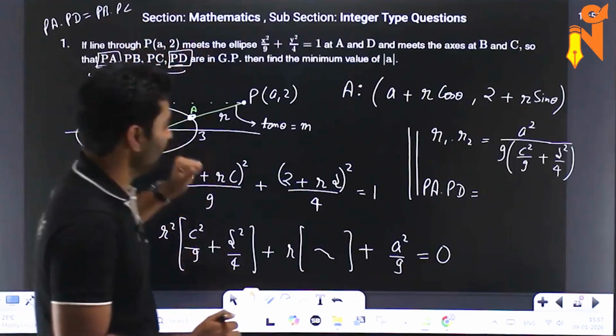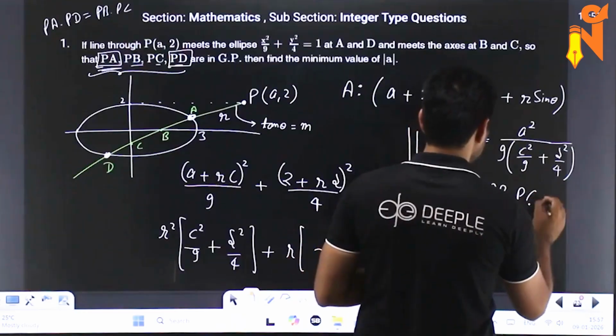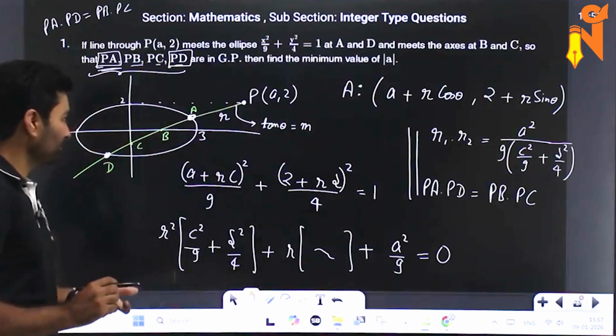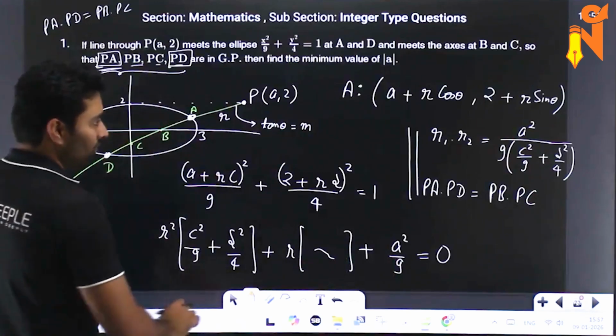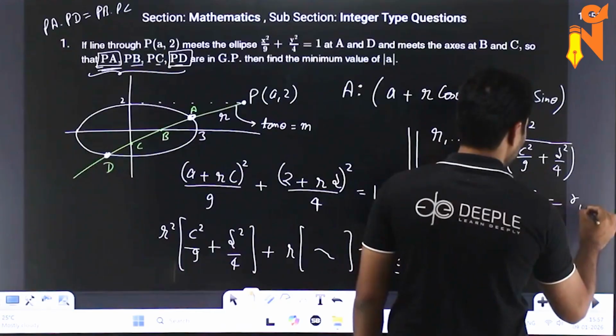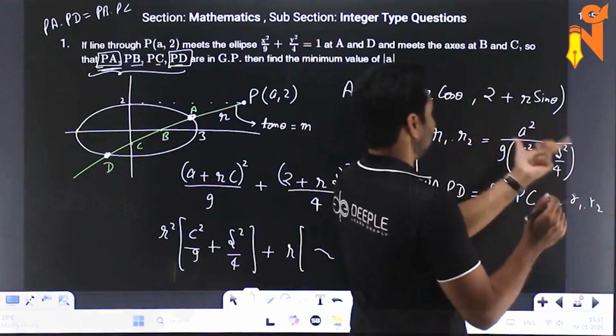So this is clear. Now this is also equal to PB into PC. And what is PB? I hope this is clear. This is also equal to r1 into r2. So basically this equals this equals this equals this.